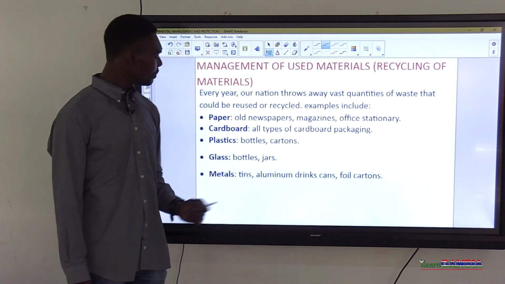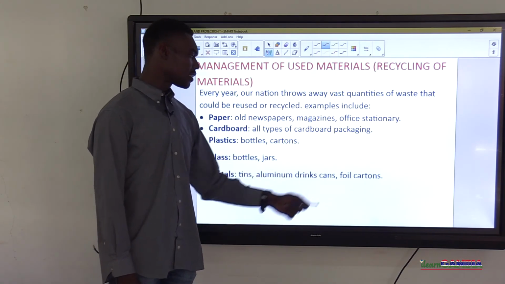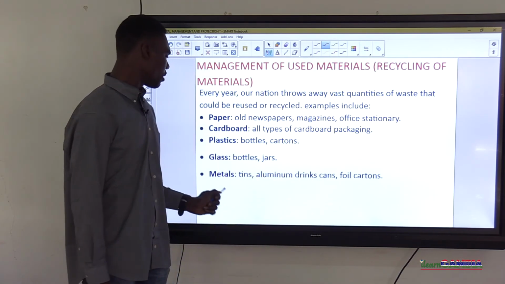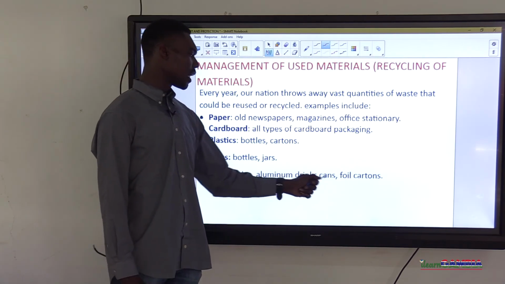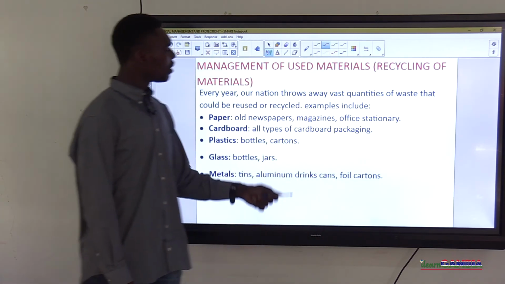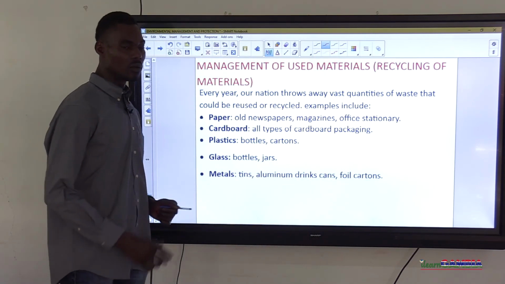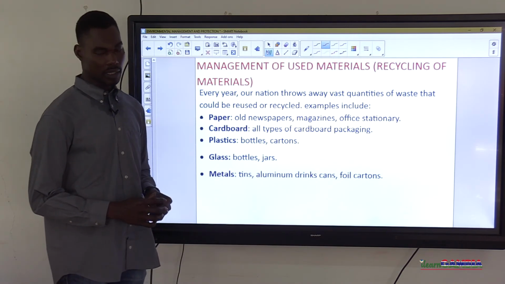Metals in the form of tins, aluminum drinks cans, foil cartons. So all these materials can be recycled instead of throwing them away and littering the surrounding.